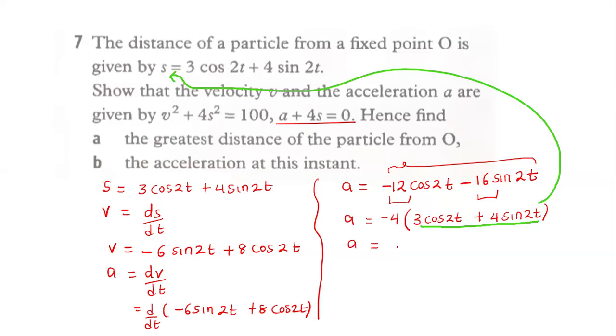Continue. So what shall we have? A is equal to negative 4s. Continue. I think you divide negative 4 on both sides. Are we safe, Doreen? No. Look at where we are heading.